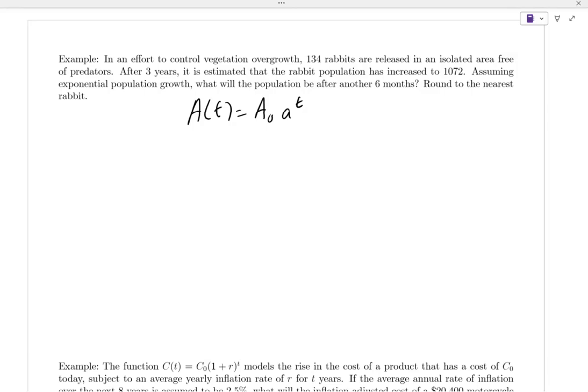If you can, you should try to identify what the initial amount is to start. What is it in this case? 134, right? It says that there's 134 rabbits being released into an isolated area. So we know that our a naught should be 134 to start with.